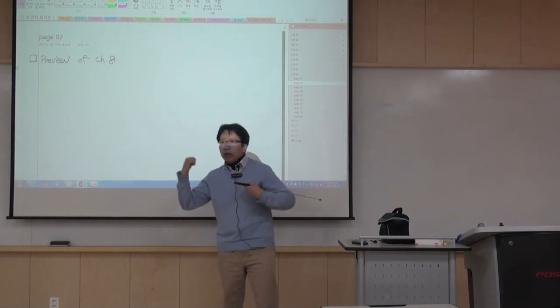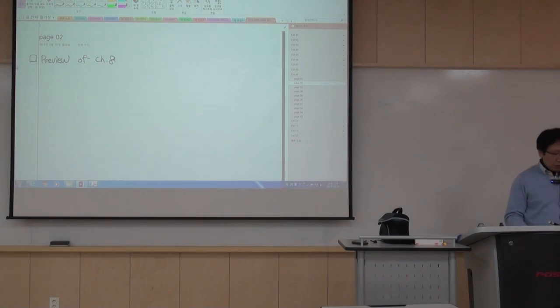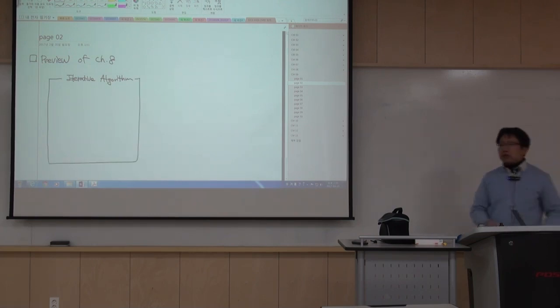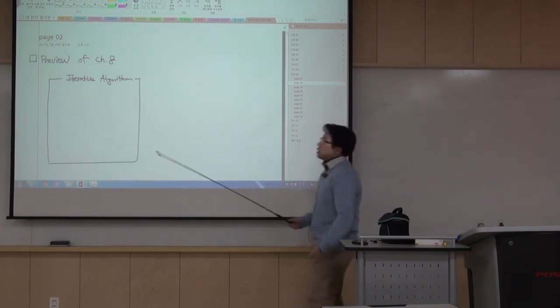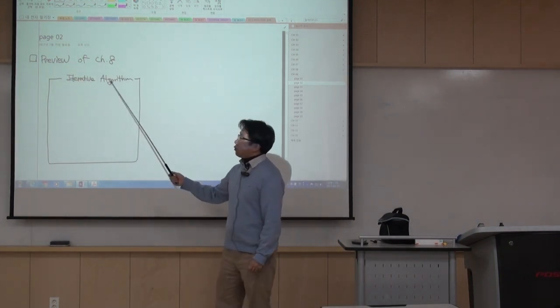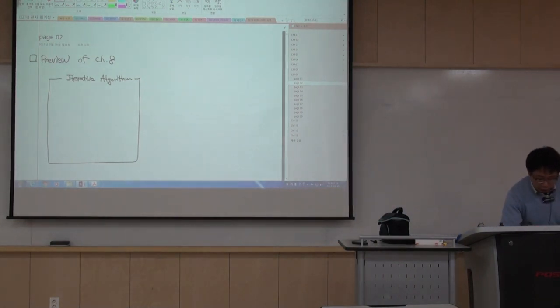So I'm going to put up a Venn diagram that I hope may greatly help you. Suppose this big set, the universal set, contains all iterative algorithms, the set of all iterative algorithms. What does that mean?